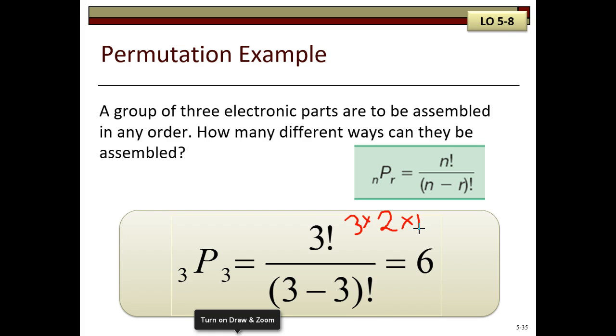Then on the bottom here, we have 3 minus 3, which is 0. 0 factorial is actually equal to 1. So if we have 6 on the top divided by 1, we get 6.